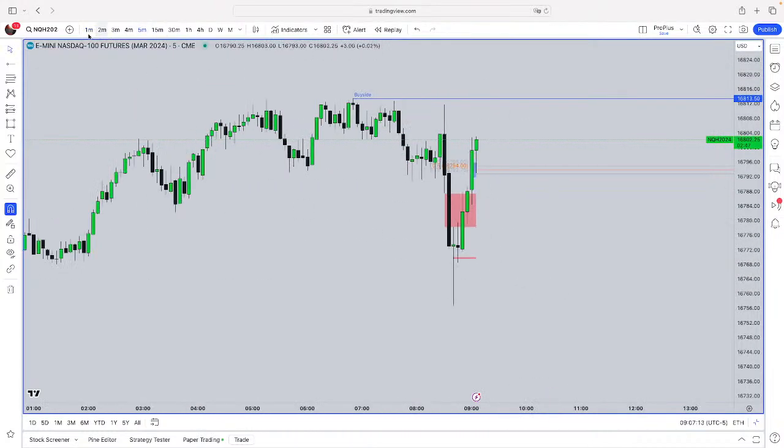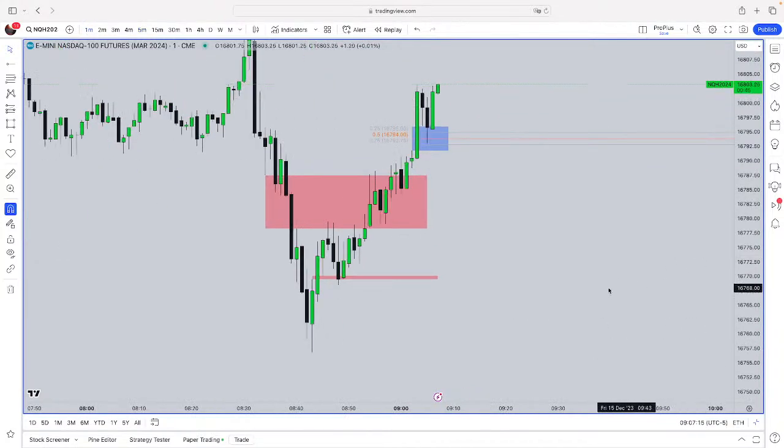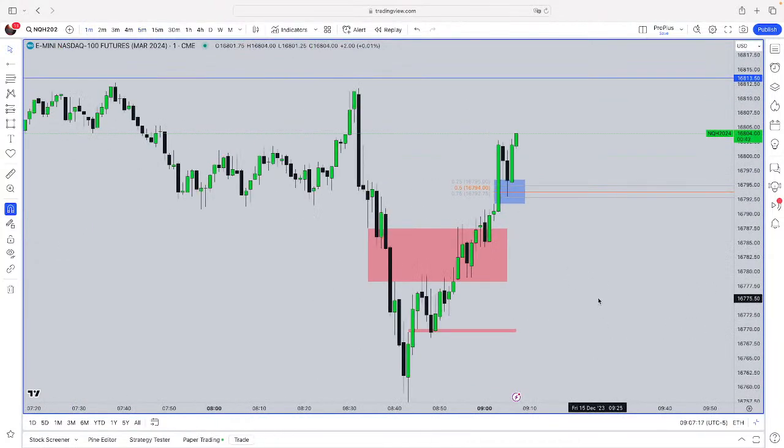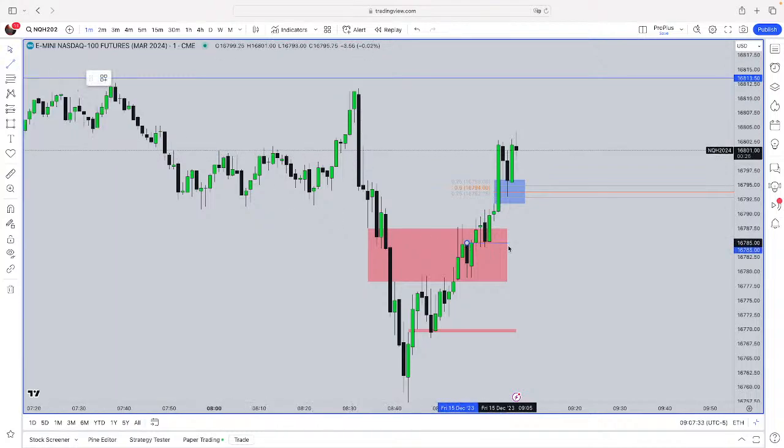This here, I would say the last line of defense would be, if we're looking at it, I'd say it'd be this order block here. So there's an order block here. Price taps into it here. So there's an order block on top of another order block.